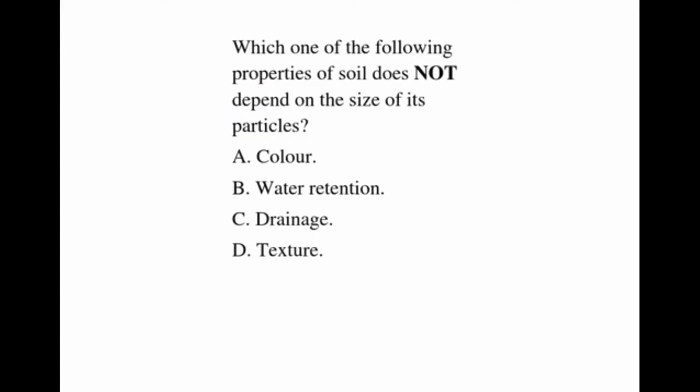Which one of the following properties of soil does not depend on the size of its particle? Most of the properties of soil depend on the size of soil particles. It is true that different types of soil have different properties, and all this is determined by the size of the soil particles in each soil.